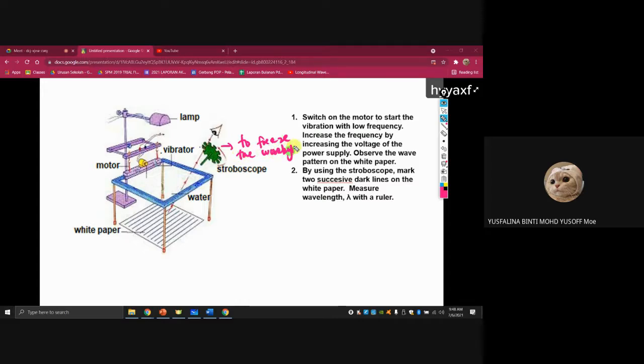Using the stroboscope, you can calculate the wavelength, measure using your ruler.